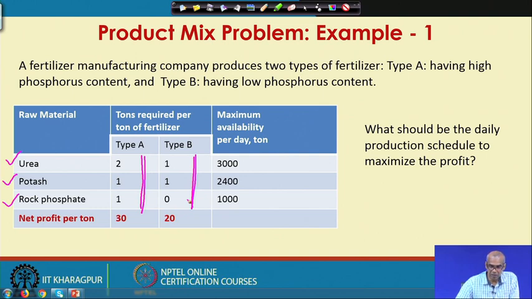The maximum availability per day for urea, potash and rock phosphates are also given in tons. Net profit per ton for type A and type B fertilizers are also given. So, the question you ask is, what should be the daily production schedule to maximize profit? By production schedule, here we mean how many tons of type A and how many tons of type B should we produce, so that profit is maximized.